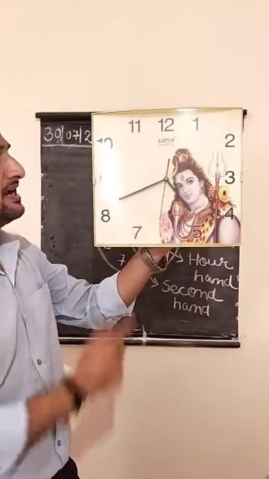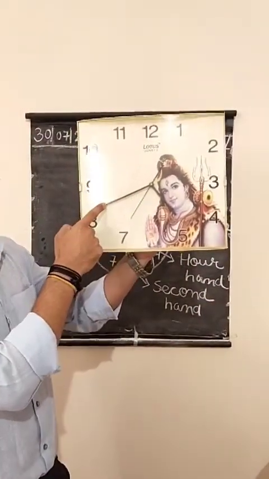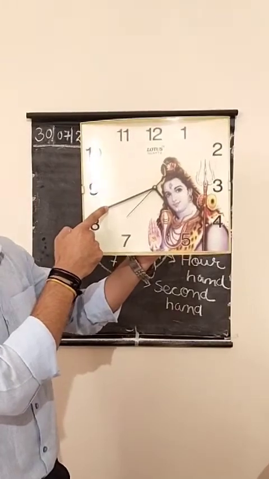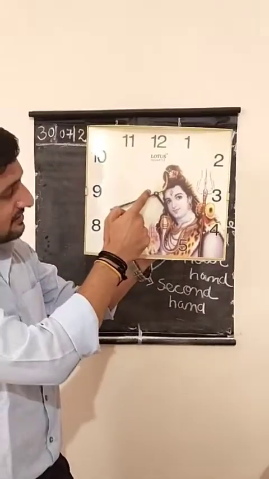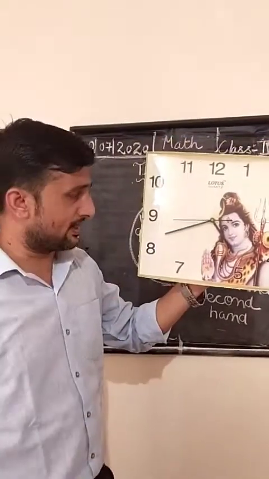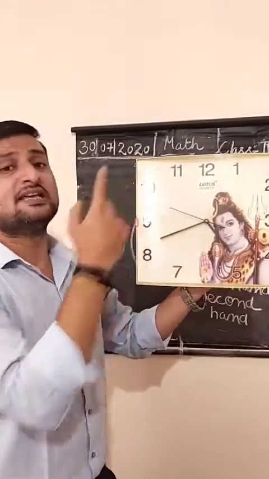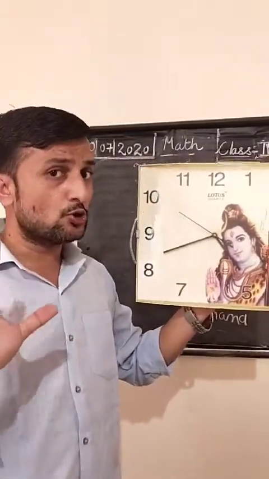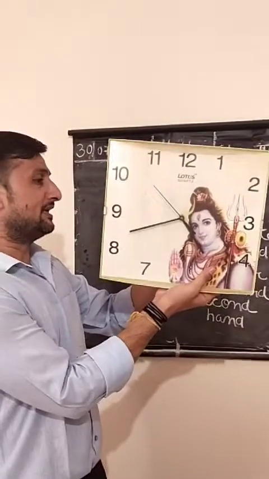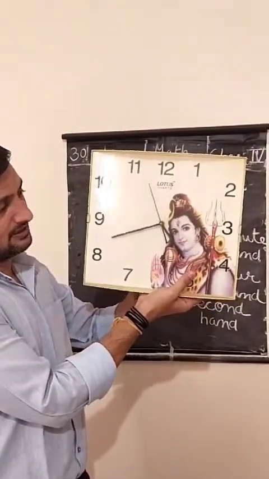There are three hands in my clock. One is the bigger hand, that is the minute hand. The second one is the smaller hand, that is the hour hand. And the thin hand, जो पतला है, that is the second hand. Now I will show you how to read the time. See, now see in the clock. Everybody able to see? Yes.